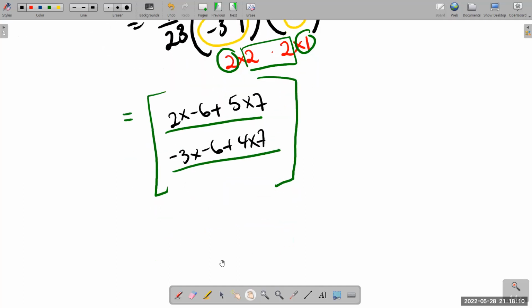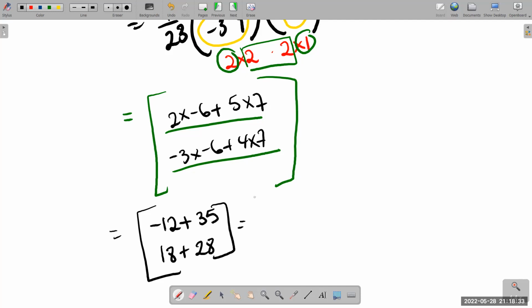Somebody with a calculator help me out there because my brain is genuinely off. But I could try a thing here. 2 times negative 6 is negative 12. Plus 5 times 7 is 35, I think. Negative 3 times negative 6 is positive 18. Plus 4 times 7 is 28.